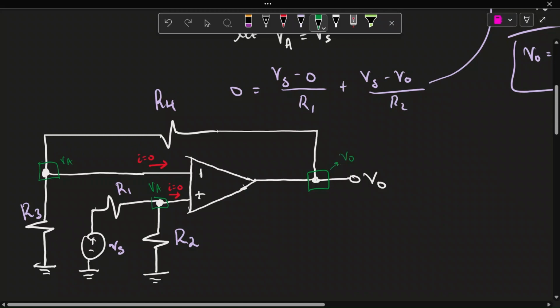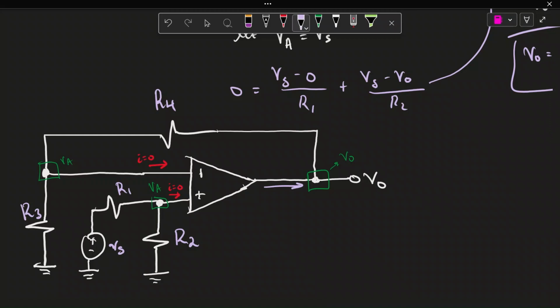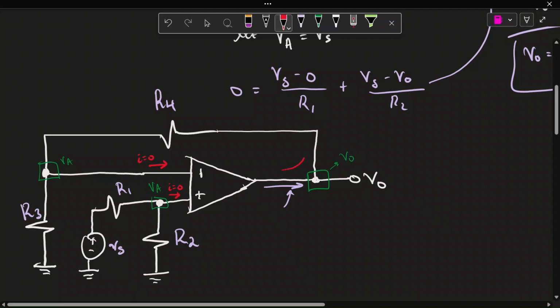Now, when you're doing your node voltage method, if any node that you create is directly in line with the output of your op amp, you do not create equations for that, unless they give you a current coming out and tell you to find it in terms of that current. The reason is that if your VS changes on one of the inputs, the output will try its best to create a current such that this inverting input will change to become the new VS value.